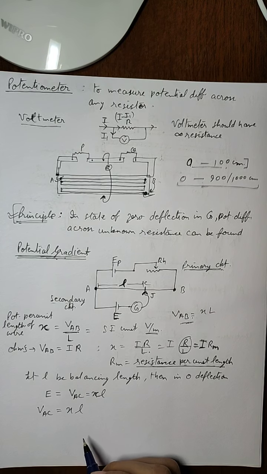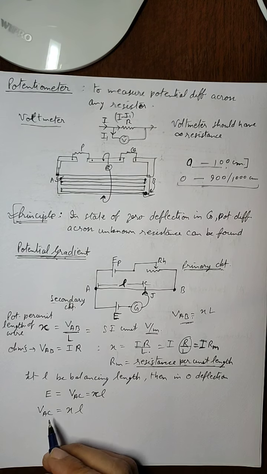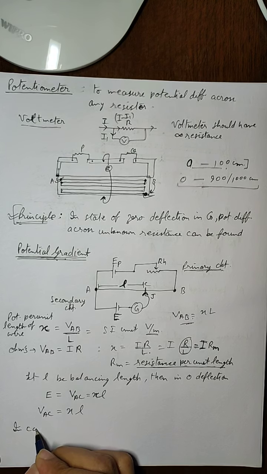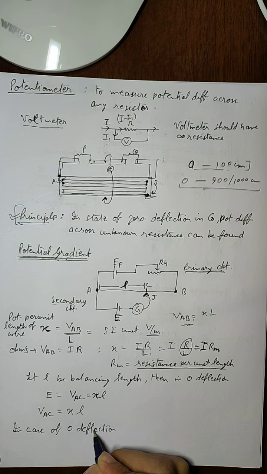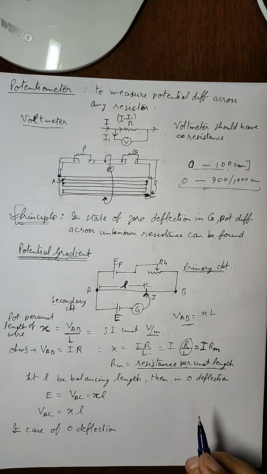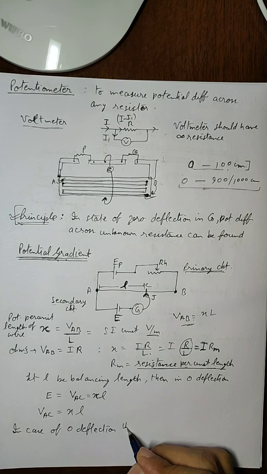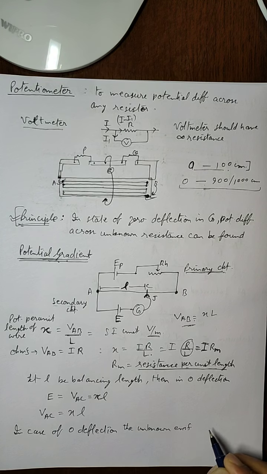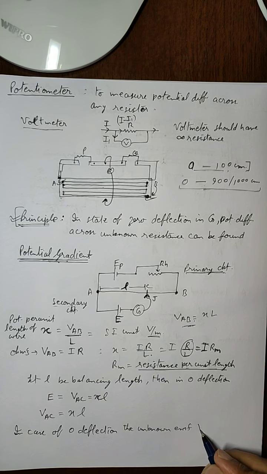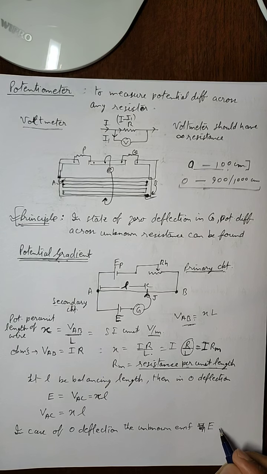Now this is the principle of the potentiometer, and it states that, in case of zero deflection, the unknown EMF, that is E, is equal to the known EMF, which is EP.